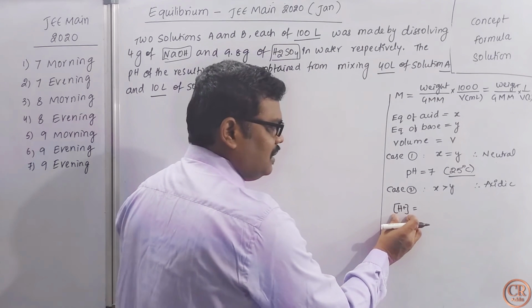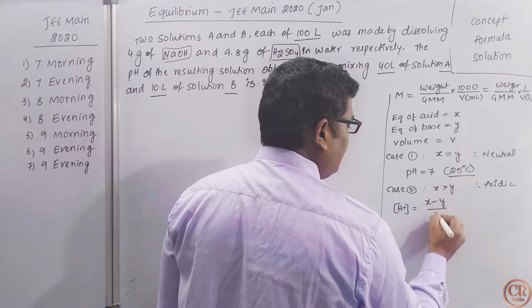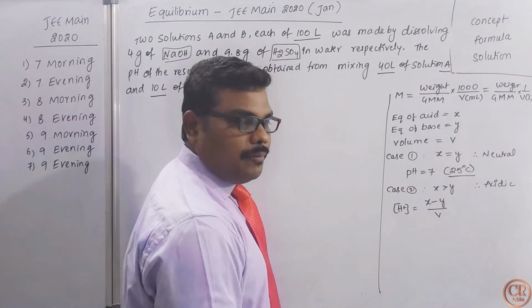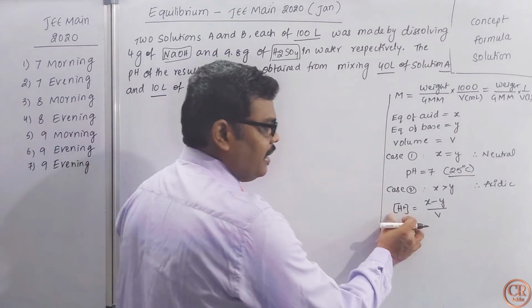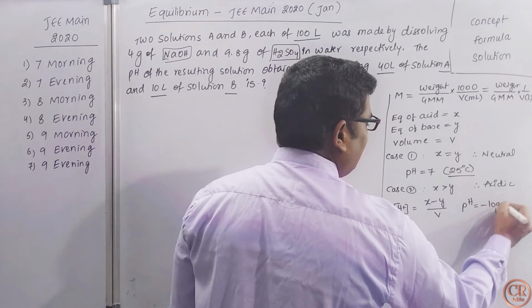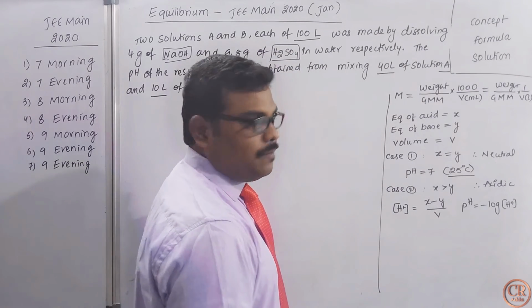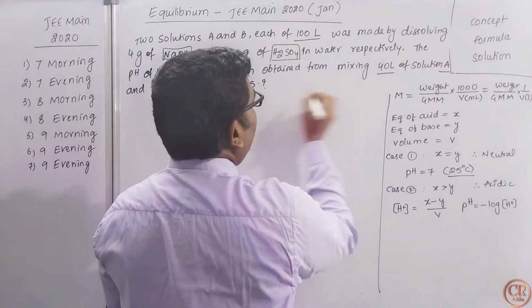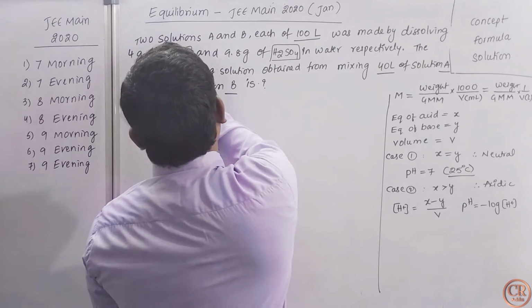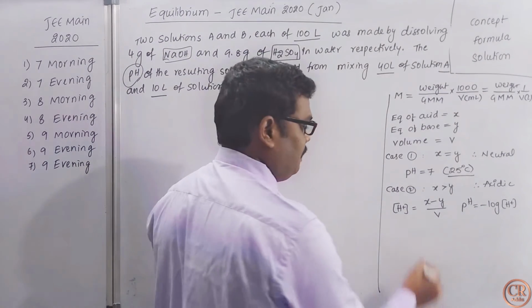So concentration of H plus ions is equal to equivalence of acid minus equivalence of base by total volume of the mixture. So after calculating H plus, you can directly calculate pH by using this relation. pH is equal to minus log H plus. In this question, we need to calculate pH of the mixture. So we can calculate pH directly by using this relation.